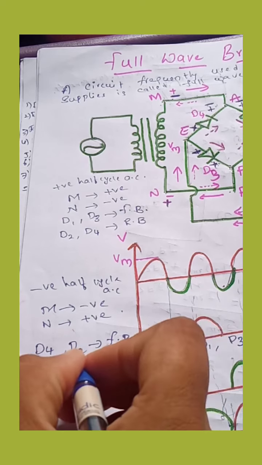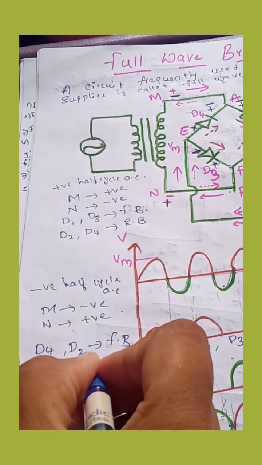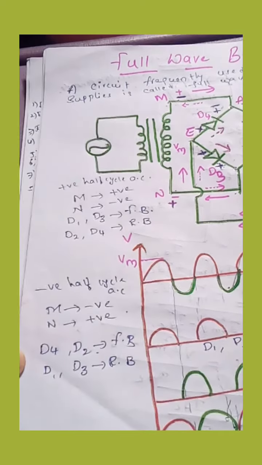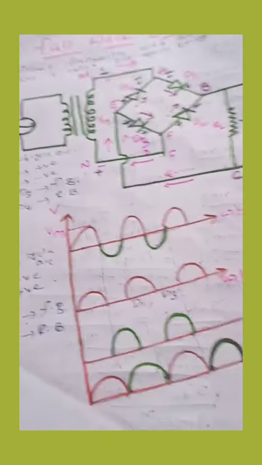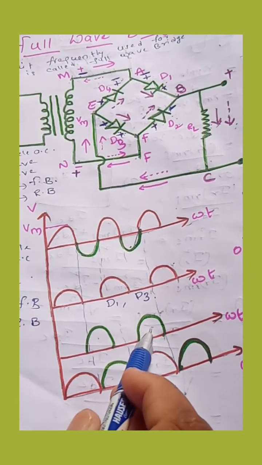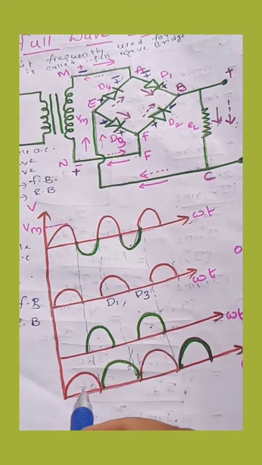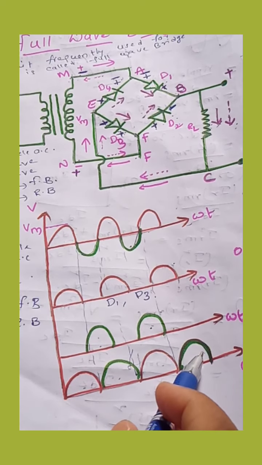So current conduction is due to D4 and D2 diodes. And this green color waveform is due to D4 and D2 diodes. Now this is the complete waveform.